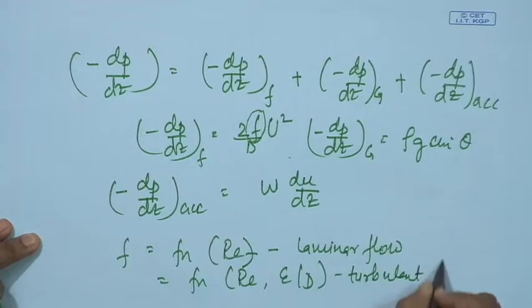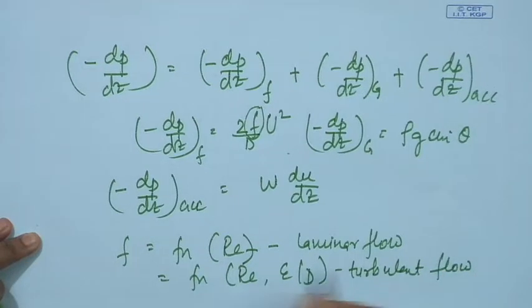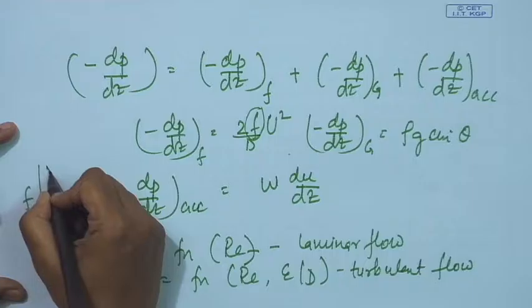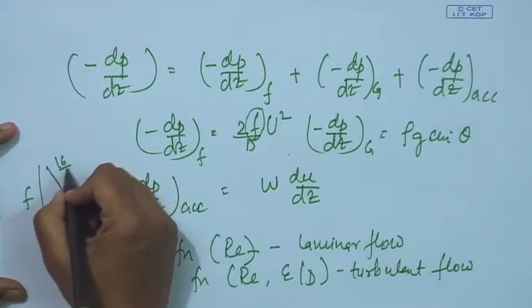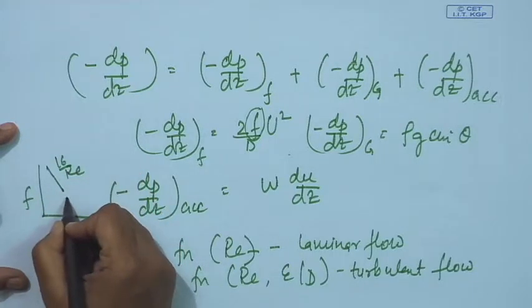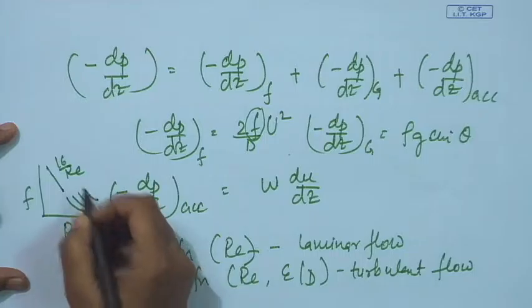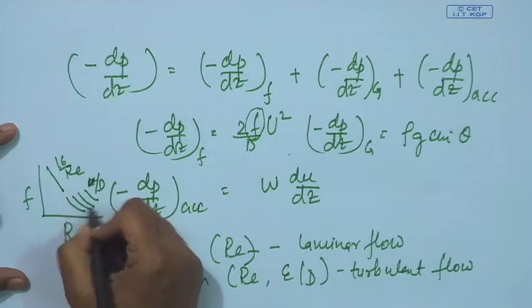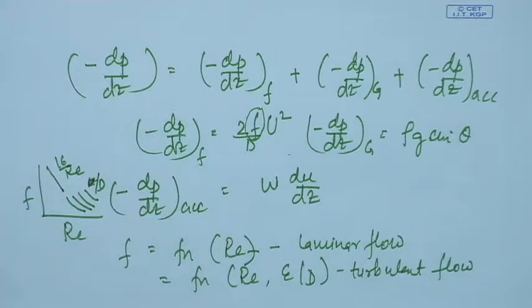If you remember the Moody's plot, the plot of f versus Re has one single curve corresponding to 16 by Re for the laminar region and a large number of curves corresponding to different epsilon by D values in the turbulent flow region.